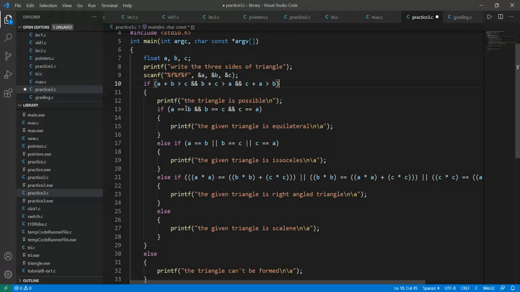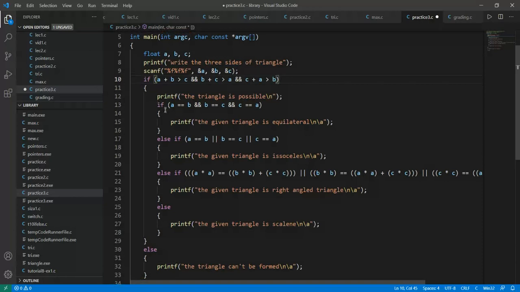Since I have written a double equal to b, it is correct, because one equal means assigning, but when we talk about the equality of the right hand side and left hand side, we have to use two equals. Then printf that the triangle given is equilateral, if all three conditions are satisfied.